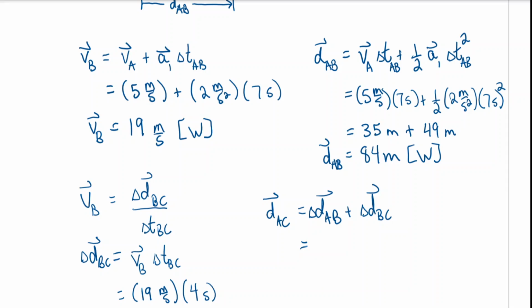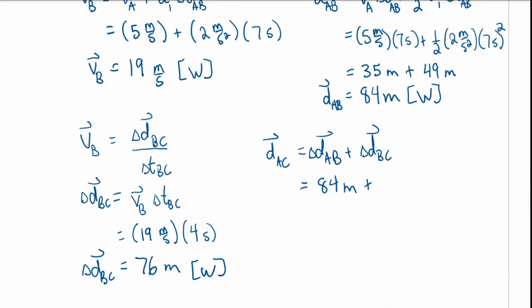And we have 84 meters plus our 76 meters. That gives us a total displacement for this journey. 76 plus 84 is 160 meters. So here it is. That's our total displacement.